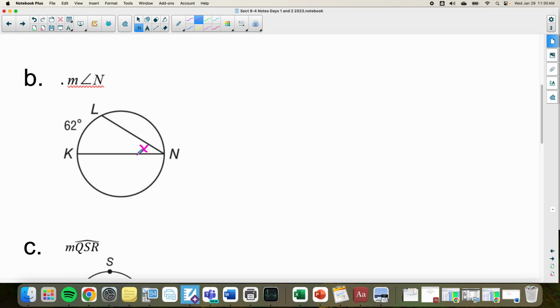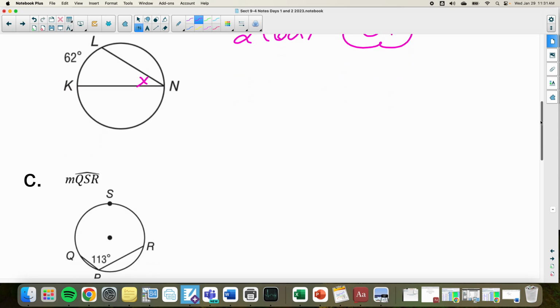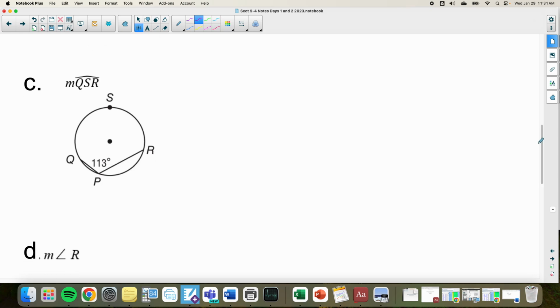Yep, you would just go half of 62, which is 31. Okay, here they're looking for arc Q through S to R. So if that's 113, what is that whole arc going to be? 226. 2 times 113 is 226.